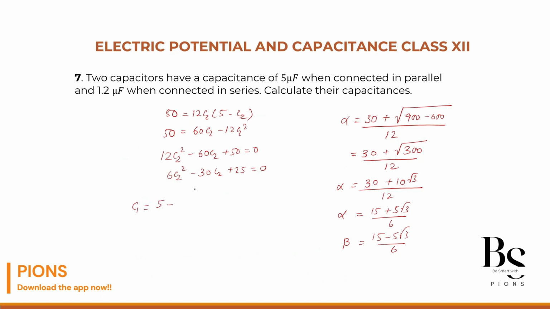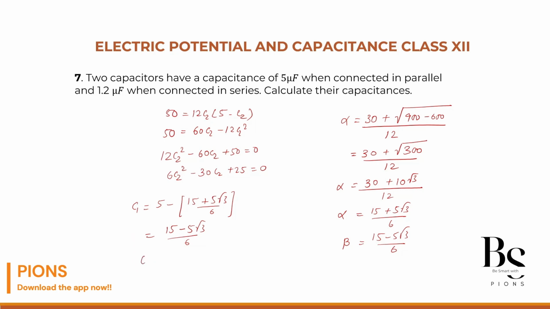5 minus, we can subtract any of the values, 15 plus 5 root 3 whole divided by 6. So this will be 30 minus 15, when you cross multiply, 5 times 6 is 30. 30 minus 15, 15 minus 5 root 3 upon 6. This is our C1. This is the first value of C1.